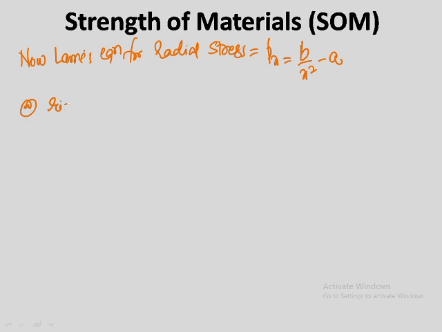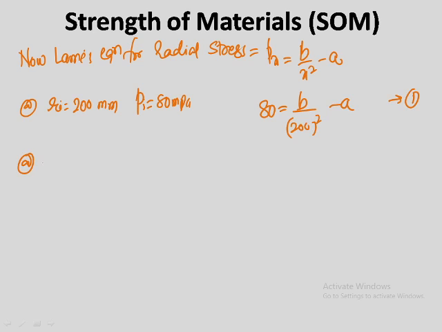At Ri equal to 200 mm, Pi is 80 megapascal, so 80 equal to B by 200 square minus A. Let us take this as equation number 1. At the second boundary condition, R naught equal to 300 mm, P naught is 0, so 0 equal to B by 300 square minus A.